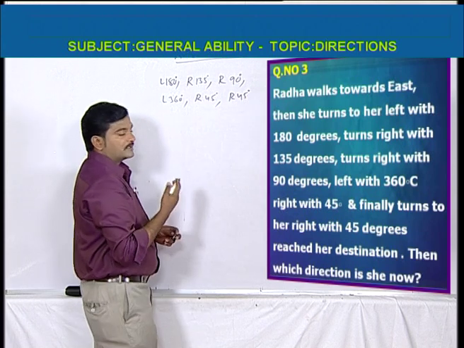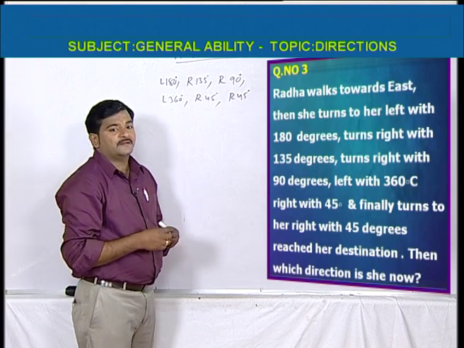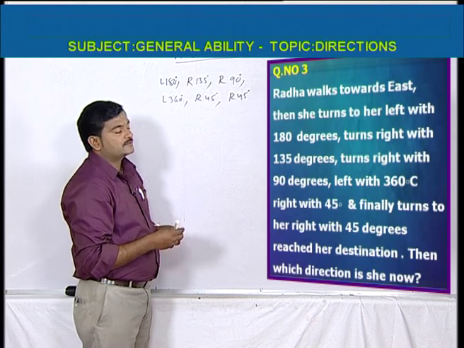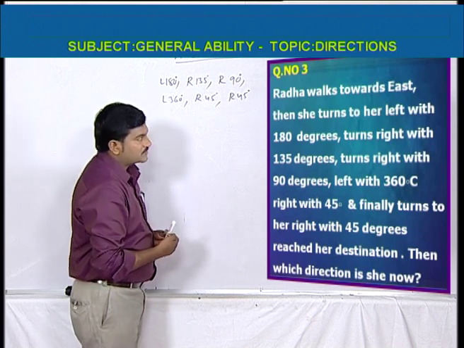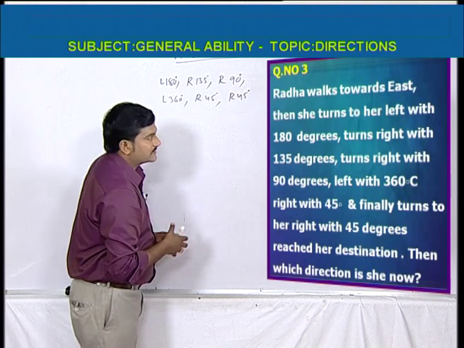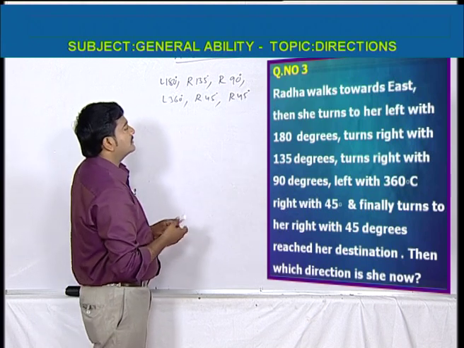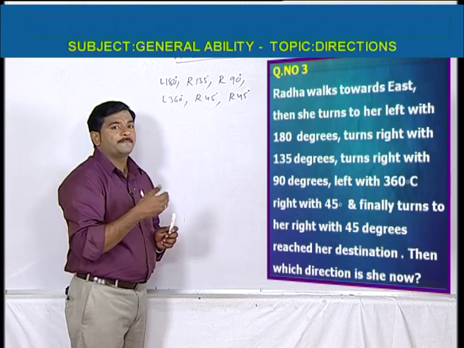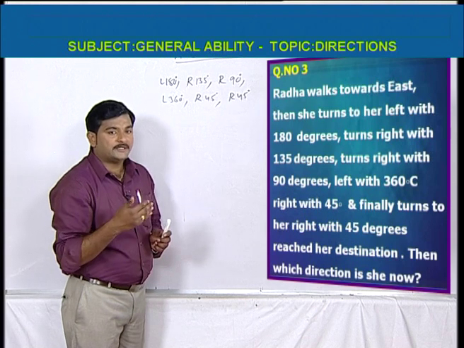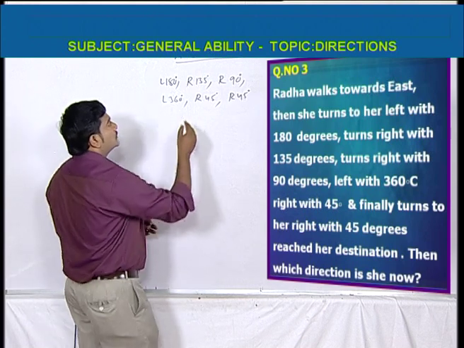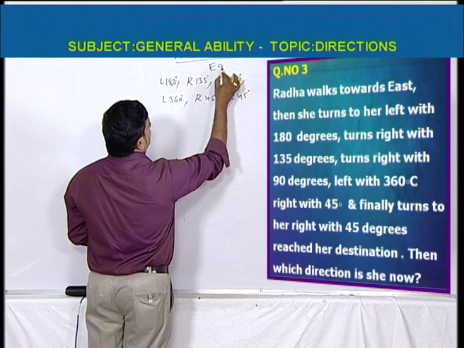So now what he asked to find, when she reached her destination, which direction is she now? Okay, so I repeat the question. Radha walks towards east. That is what he has given.